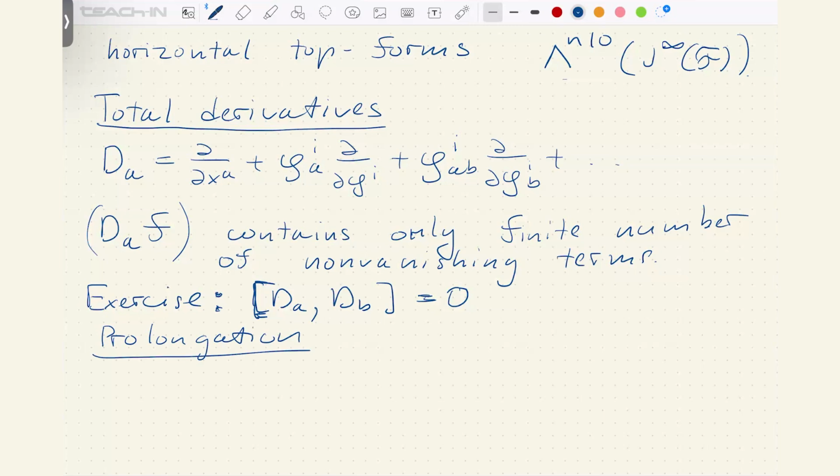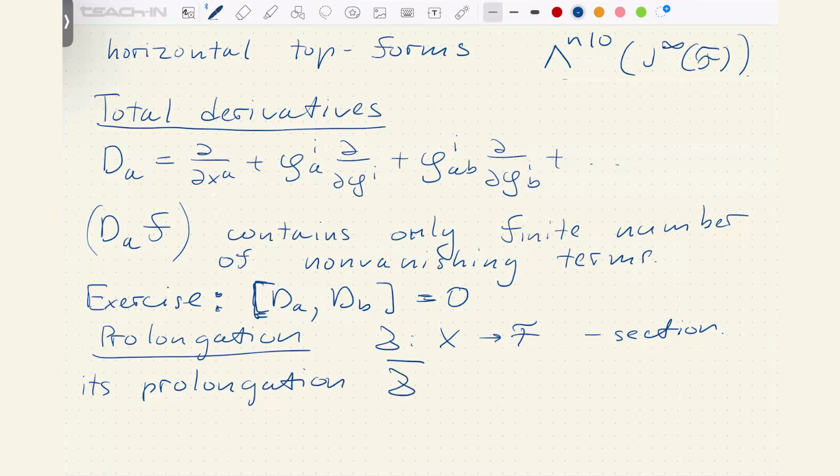If we have a section sigma: X to F, a section, then we have its prolongation. It's canonically defined. Sigma bar, which is defined for finite jets and also for infinite, doesn't matter.